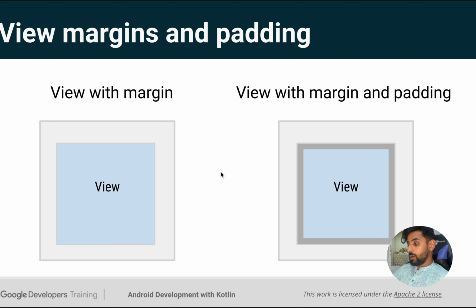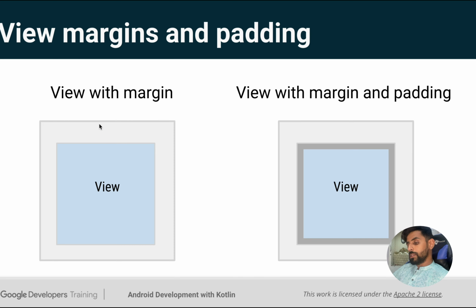What is margin, what is padding? A margin is the outer space that a view is going to get. Let's say the blue section in this rectangle is the view, and the top one is the parent.